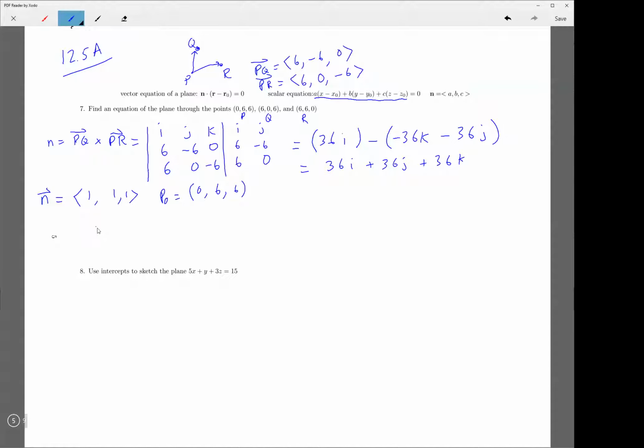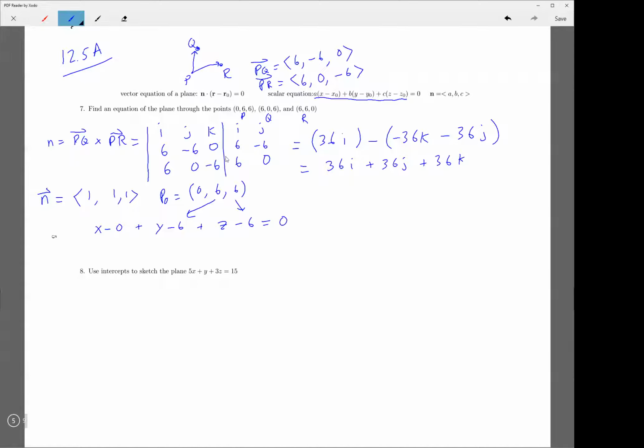So that gives us 1 times (x minus 0) plus 1 times (y minus 6) plus 1 times (z minus 6). Okay, so those 6's are going there, equals 0.